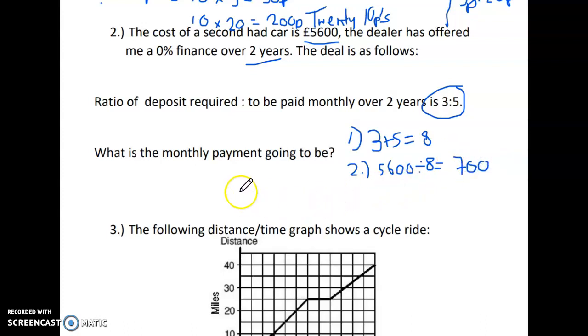And part 3 was to use that 700 and times it by the parts in the original ratio. So I'll times it by 3, 700 times 3, so I need a deposit of 2,100. That's my deposit.